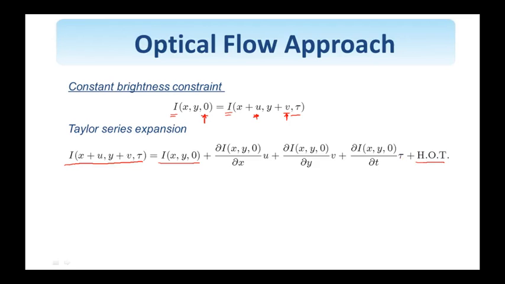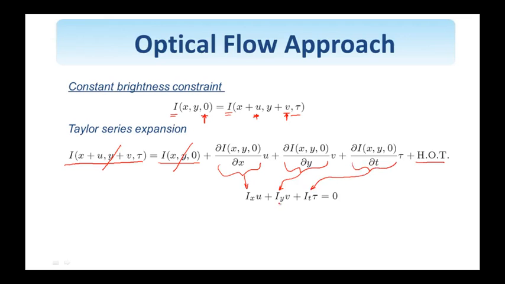Since these two terms are equal due to the constant brightness constraint, they cancel out, and therefore what I'm left with is this equation where I have substituted the partial derivative in the x direction by Ix, the partial in the y direction by Iy, and the temporal partial by It.